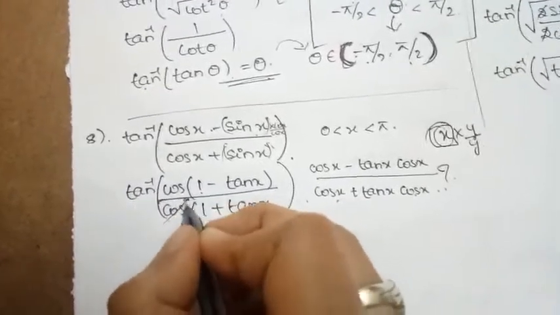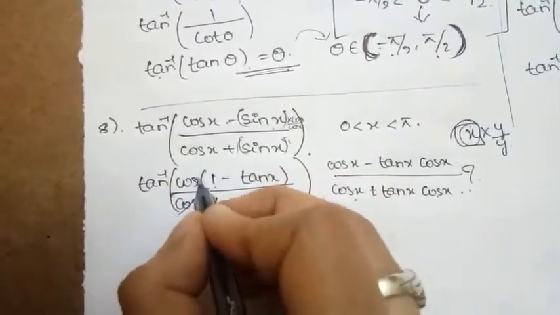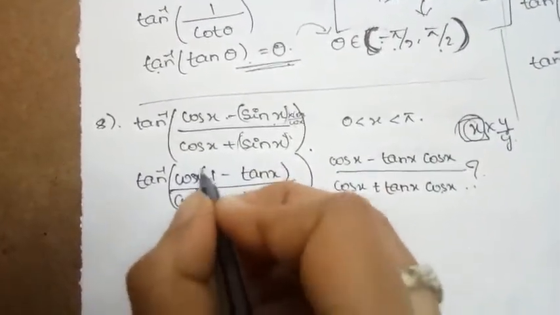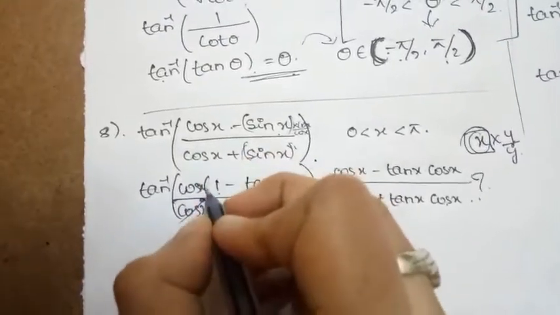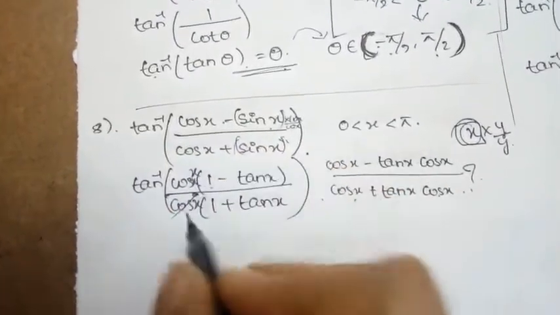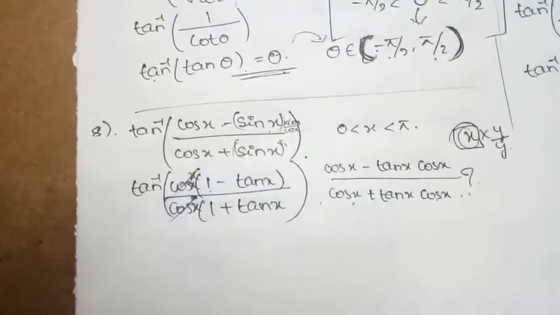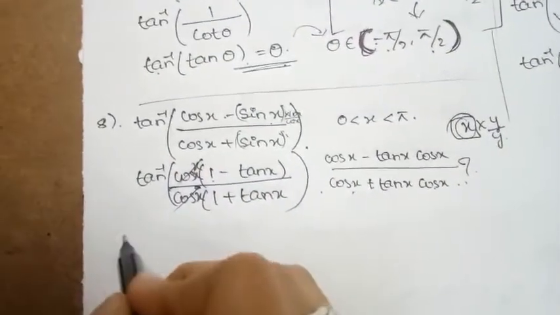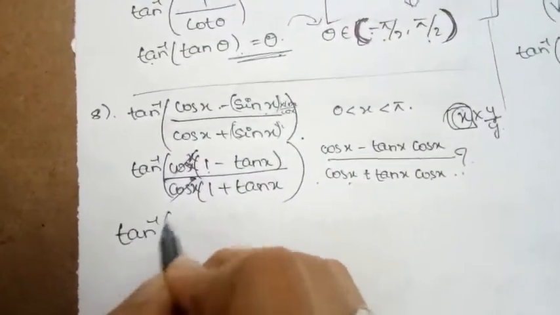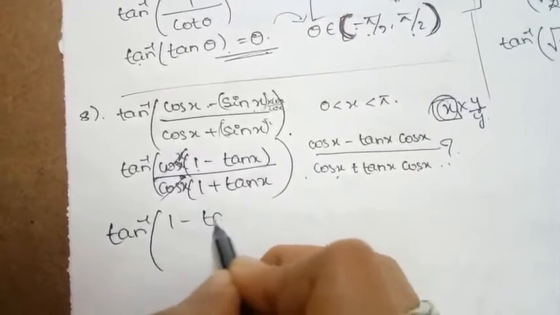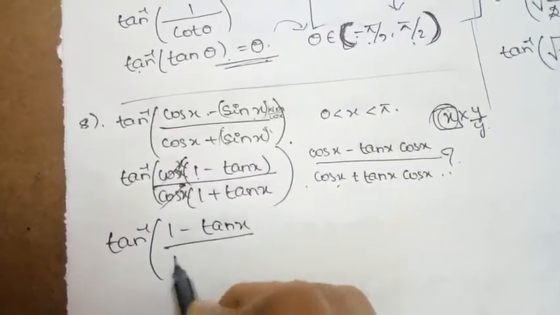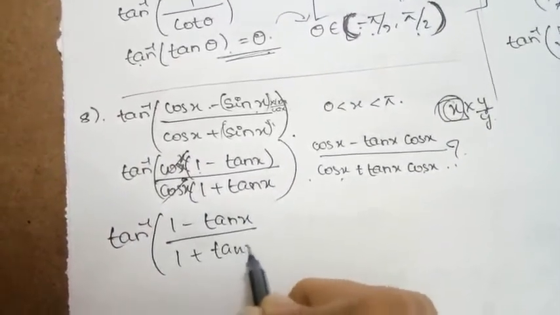Cos x, sorry guys, not cos of 1, I made this mistake. Cos x I have taken outside, so cos x cancels. So what we have now is tan inverse of (1 minus tan x) divided by (1 plus tan x).